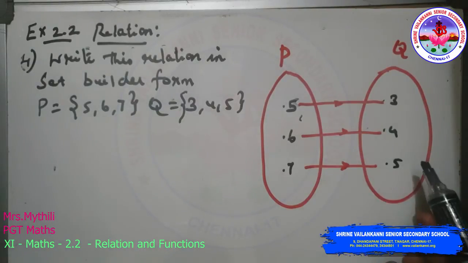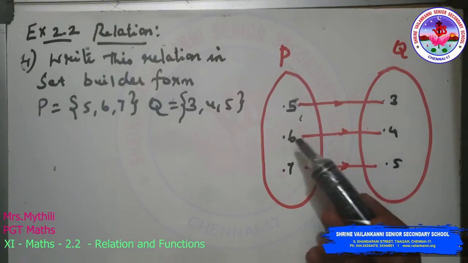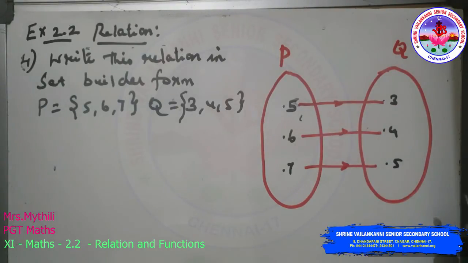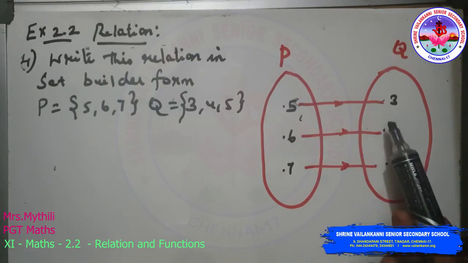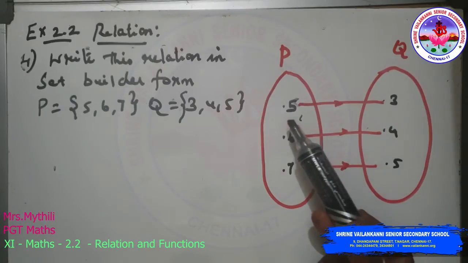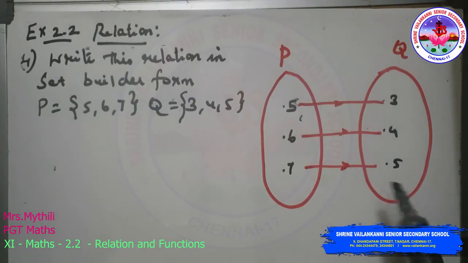So the relation between P and Q: 3 is the image of 5, 4 is the image of 6 and 5 is the image of 7. We can clearly see that there is a difference of 2. So 5 minus 2 is 3, 6 minus 2 is 4 and 7 minus 2 is 5.